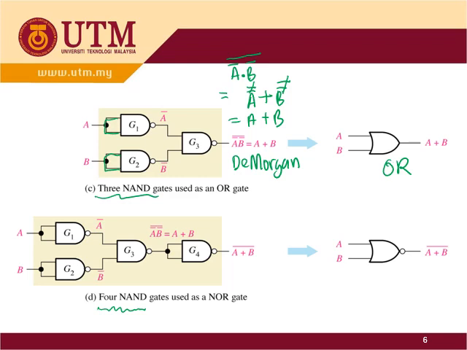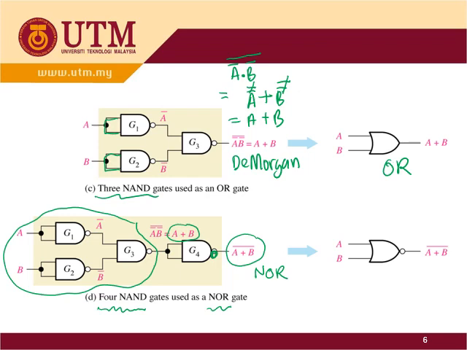And the drawing is very easy. What is 3? 3 is OR. So this is OR. And how do we make it become NOR? We just put a NOT bar. So now this is a NOR gate which needs 4 NAND gates.